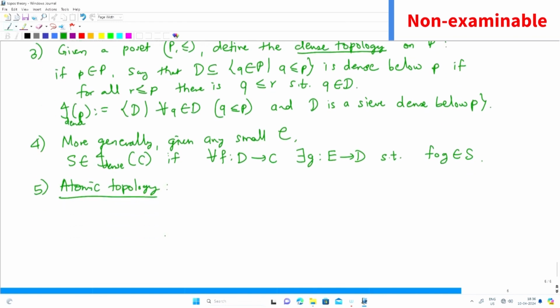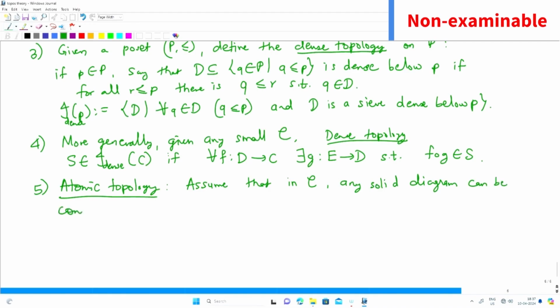Okay. Atomic topology, yeah, I mean, this is the dense topology again here. Atomic topology has something to do with weak pullbacks. So assume that in C, any solid diagram can be completed to a dotted diagram.